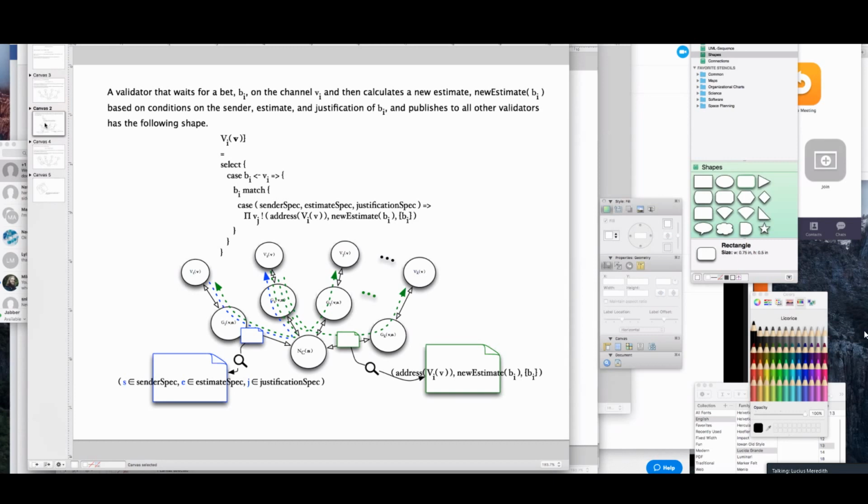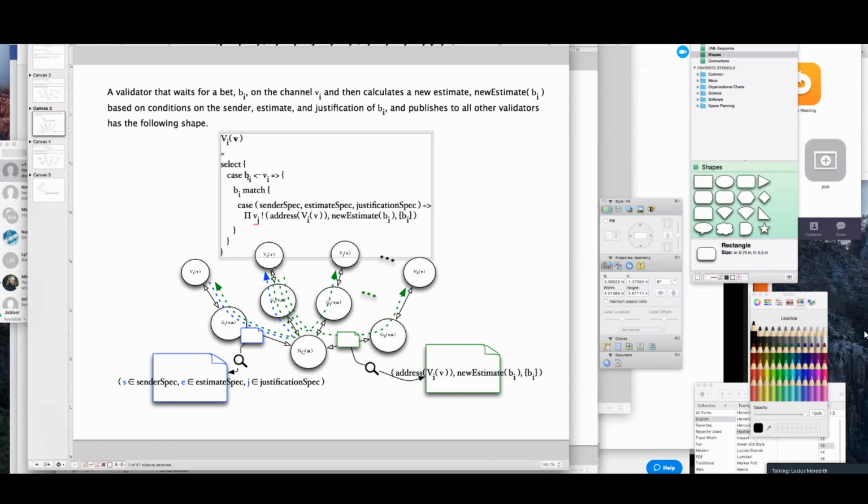Hang on, I'm not sure what's going on here. Sorry, it looks like a typo. Okay, so an innocent validator has the form select over, so for each of the different VI channels that it's connected to, there's a case, and inside that, one of these gets to fire.